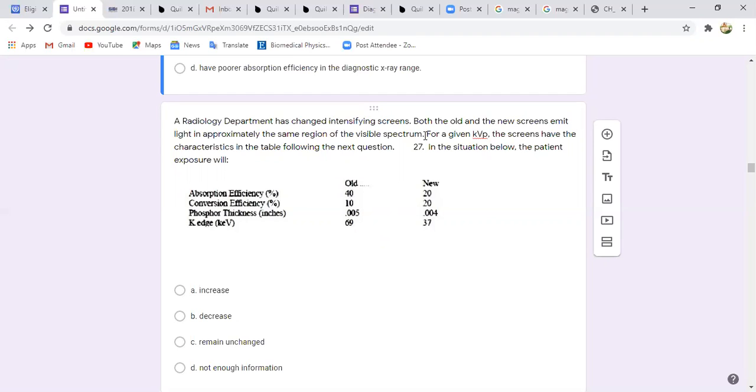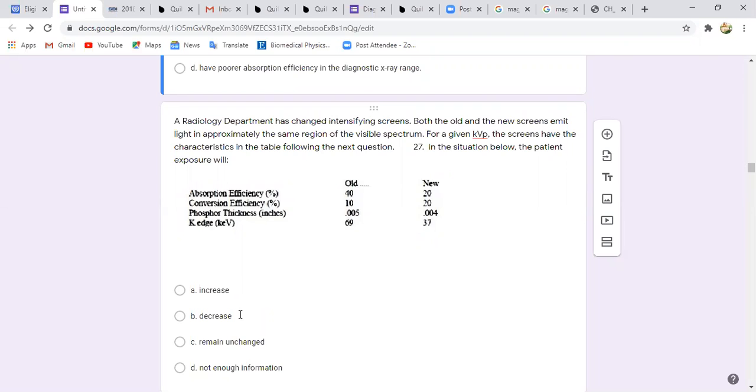We are looking at a given kVp. What will happen to this? The efficiency of this is 40, the total efficiency of this is 40. This will remain unchanged. The exposure won't increase or decrease because the films have the same efficiency.